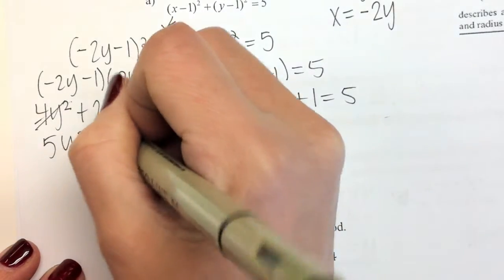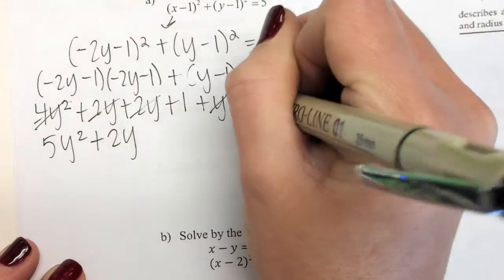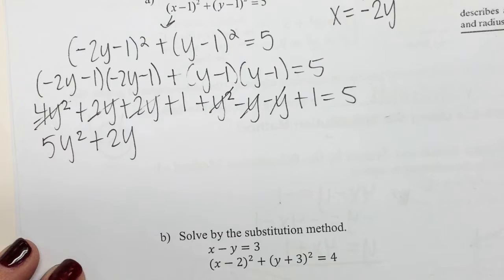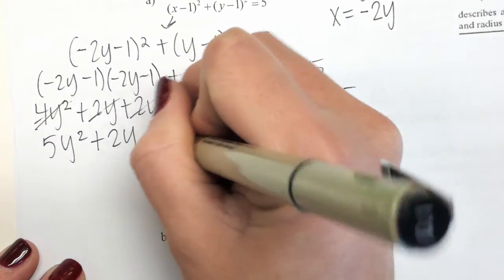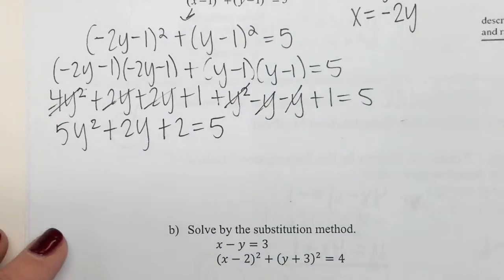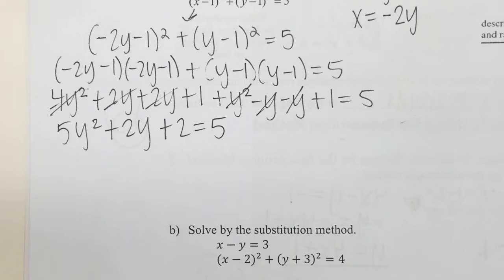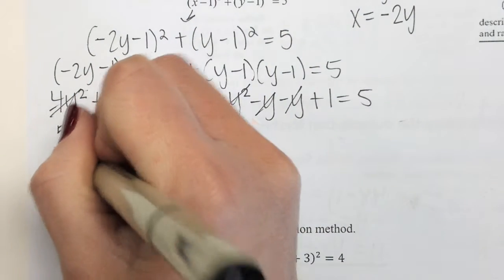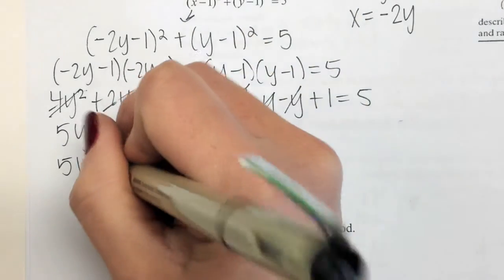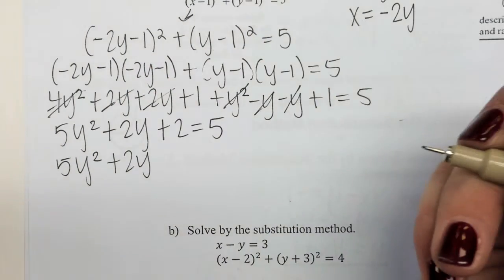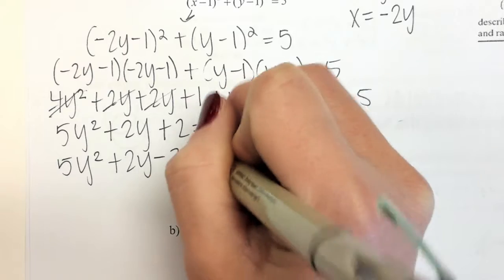Good. Plus 2y. 1 plus 1. And we still have equals 5. Now what? Subtract 5, so we have 5y squared plus 2y. What's 2 minus 5? Very good.